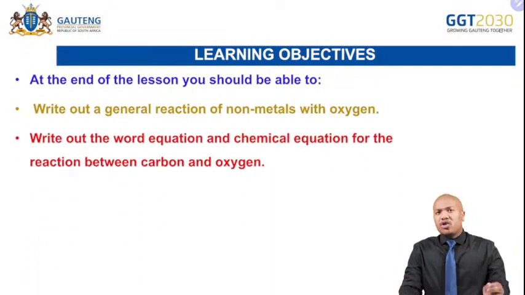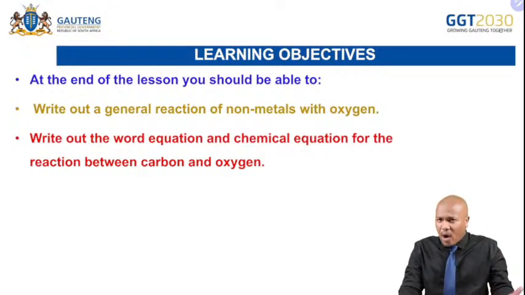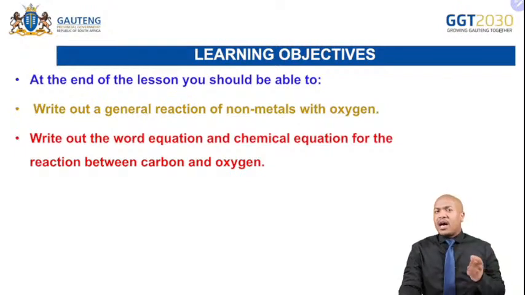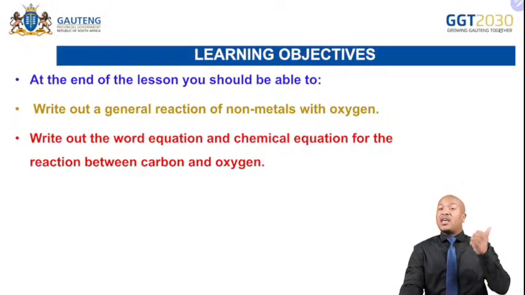Secondly, you need to be able to write out the word equation and chemical equation for the reaction between carbon and oxygen. Why carbon? This is because carbon is also a non-metal.